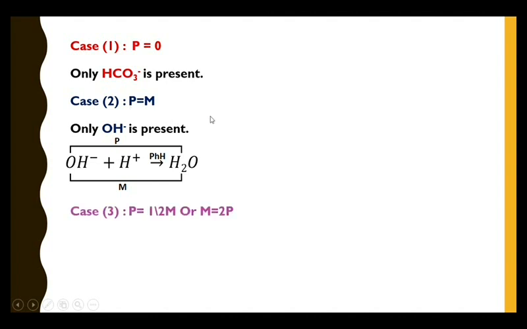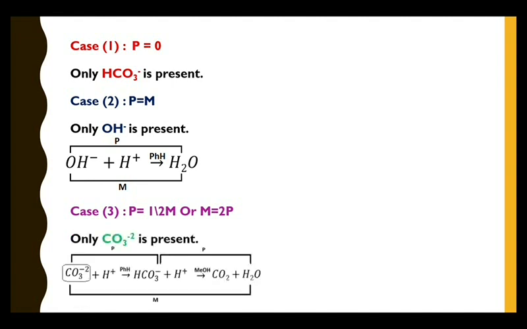And the third possibility or third case is P is equal to half M. When P is equal to half M, only carbonate is present. Let us see how. When carbonate is present in an alkaline sample, it is titrated against a standard acid using phenolphthalein indicator. By the time this carbonate is converted to bicarbonate, the color disappears.